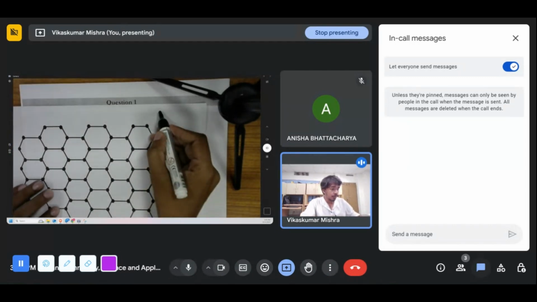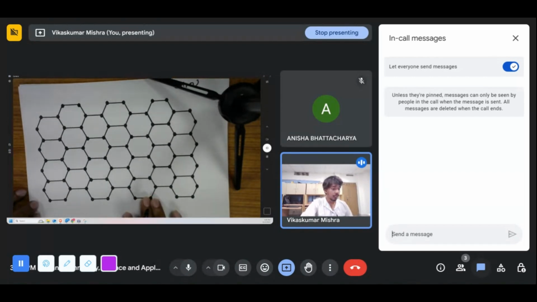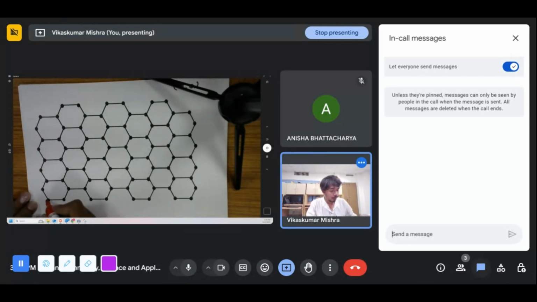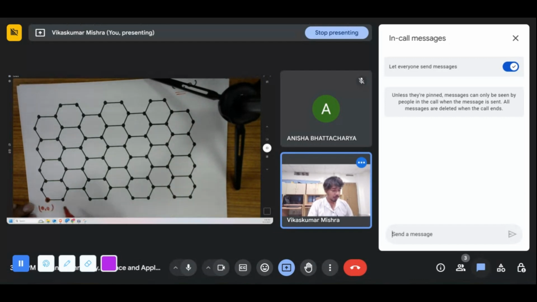To find (4, 0), we have to select the origin first. Let me select the origin somewhere over here, this one will do. This is (0, 0). Now we have to select the lattice. We will not select points such as this and that because they are not contributing toward the lattice.